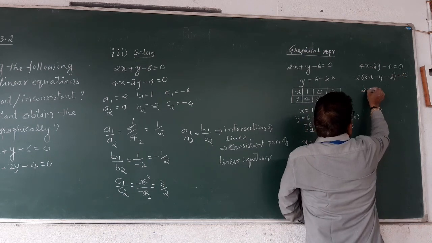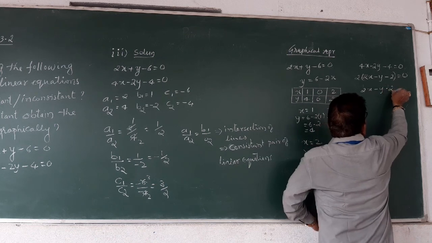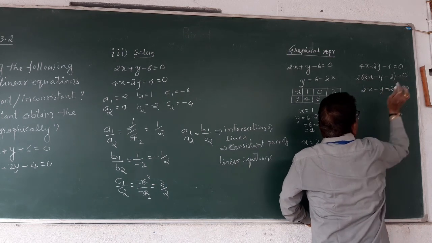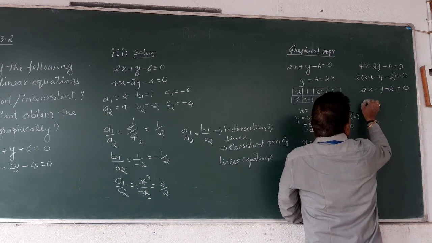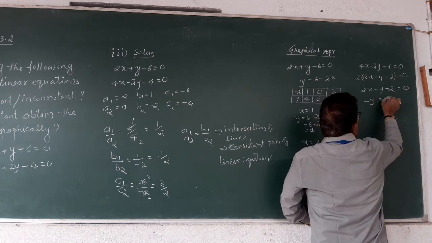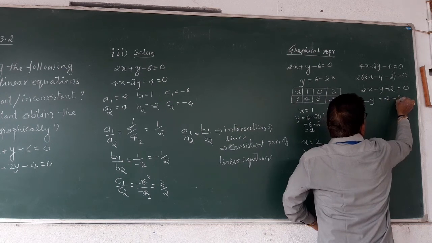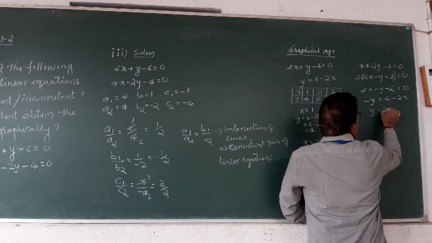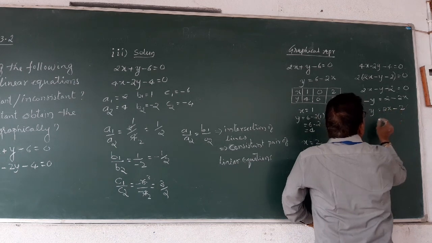Okay, 2x minus y minus 2 equals 0. 0 divided by 2 means 0. So, minus y equals 2 minus 2x. So, y equals 2x minus 2.